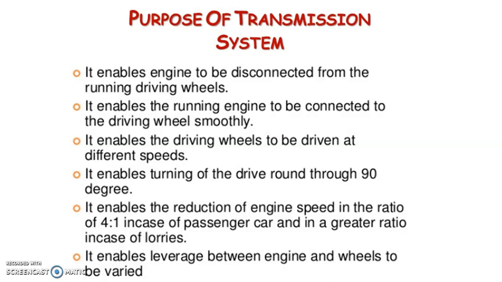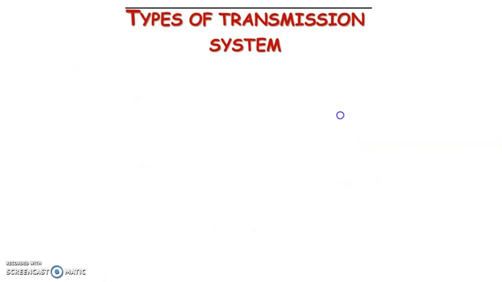It enables leverage between engine and wheels to be varied. These are some of the purposes of the transmission system. The important ones are reduction of engine speed in the desired ratio, the engine being connected to the driving wheels smoothly, and the driving wheels being driven at different speeds.